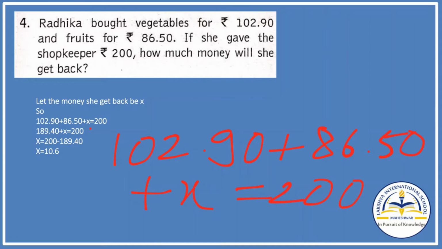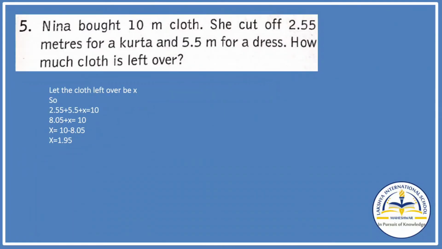First we add these numbers, so we will get 189.40 plus x equals 200. Now transfer this number to the RHS, so it becomes negative. When you subtract 200 minus 189.40, you will get 10.6. That will be the answer, the money she will get back.